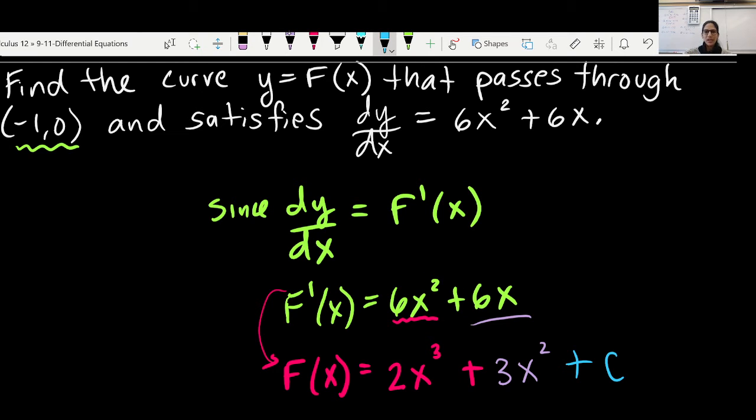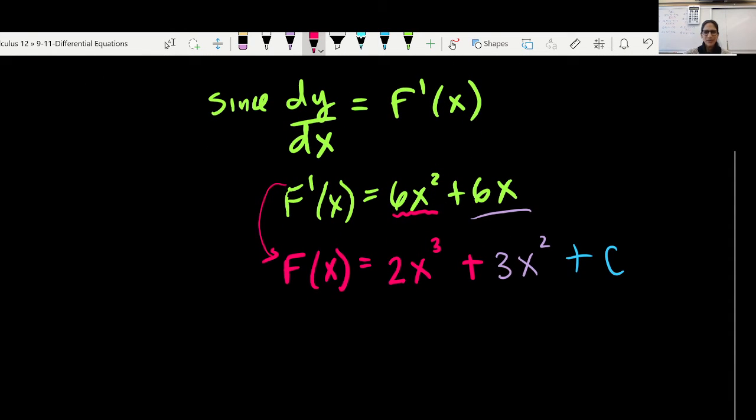So let's talk our way through this because I just wrote them down, but I didn't really review with you how we came up with this. If we analyze this first term, if we're working backwards to find the antiderivative or go back to the original equation, we know that we would take this exponent up here and add 1 to it. So that accounts for how we got this x cubed. And then based on what we normally do when we're taking the derivative, we normally would pull this down and multiply it.